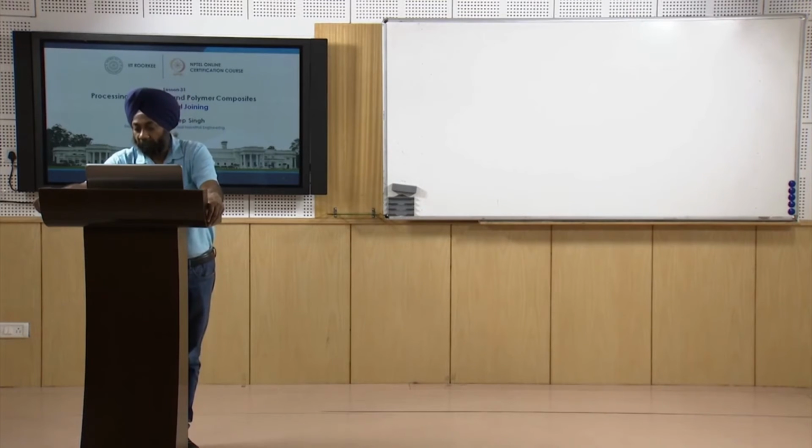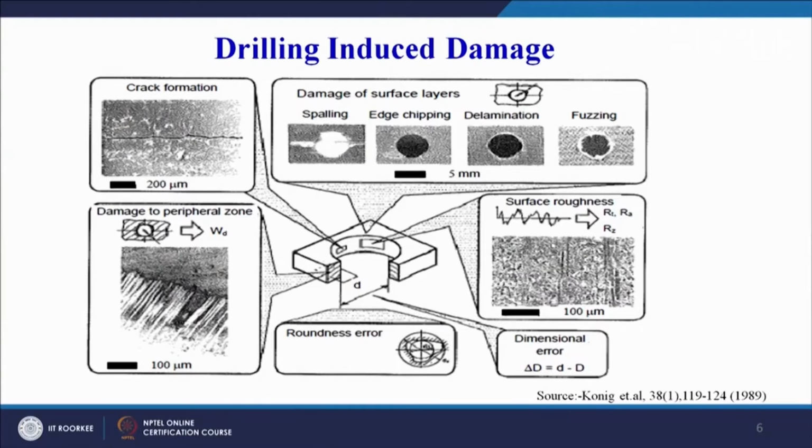Otherwise, what is going to happen? You can see on your screen a very important research article published by Koenig in the year 1989. This figure has been taken from there, and this is the hole which has been made in the composite, and this surface is being highlighted here. You can see the surface roughness.